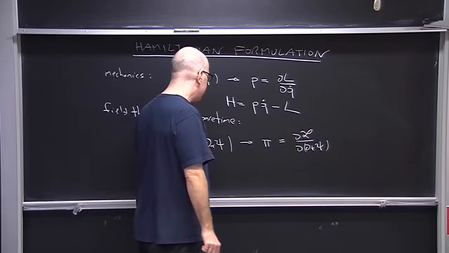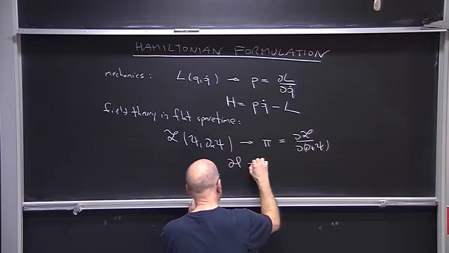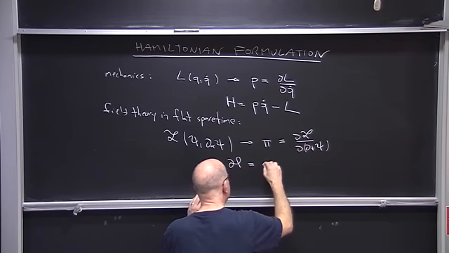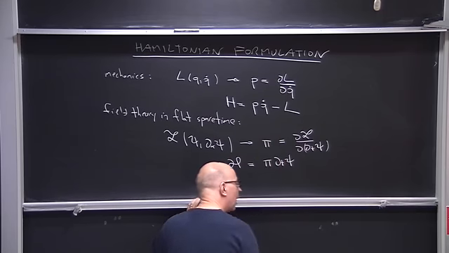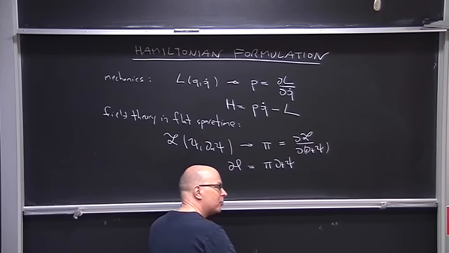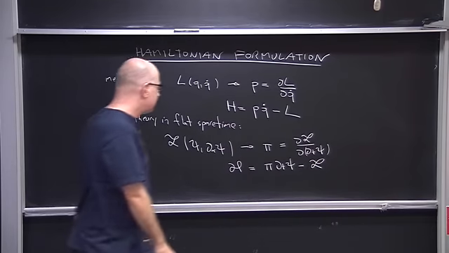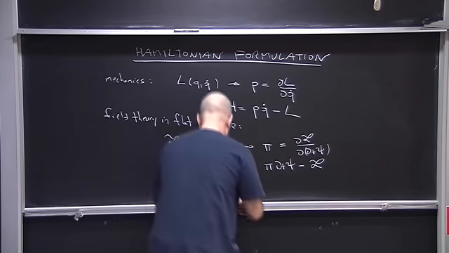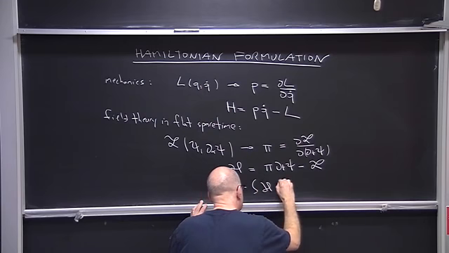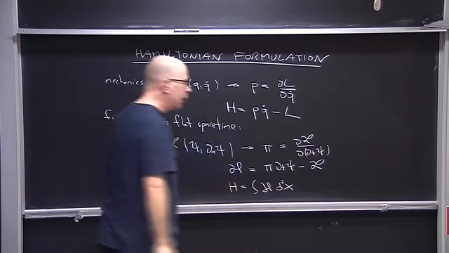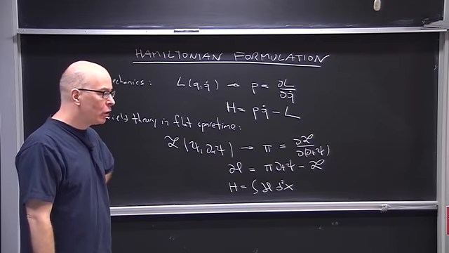Once you've defined the canonical momentum, then the Hamiltonian density for your field is going to be the directly analogous thing: you take pi, you multiply that by the time derivative of your field, you re-express everything in terms of pi, you subtract the Lagrangian density, and that is something that if you integrate over all space, you get something that obviously has the interpretation of the total energy for the field.